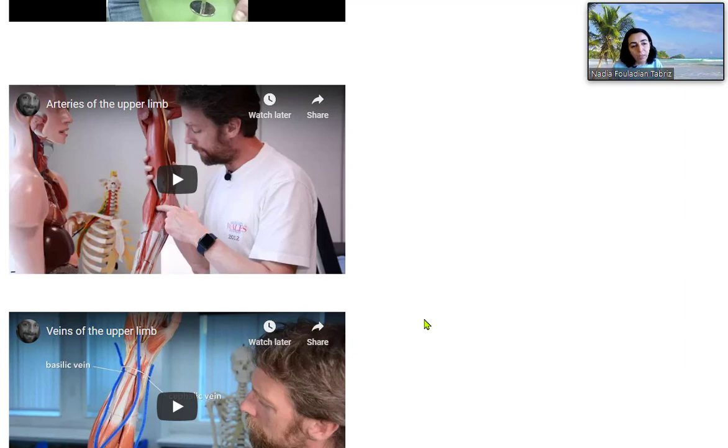But another big difference between the arteries and veins is that on the limbs, upper limb and lower limb, we have some superficial veins too. Most of the arteries in these areas are deep arteries that go deep between the muscles, and they give branches to the muscles and to all the other structures, to the bone and even to the skin, right?